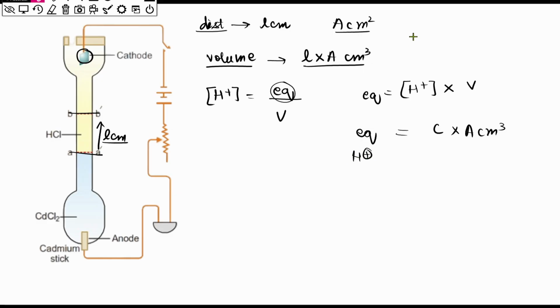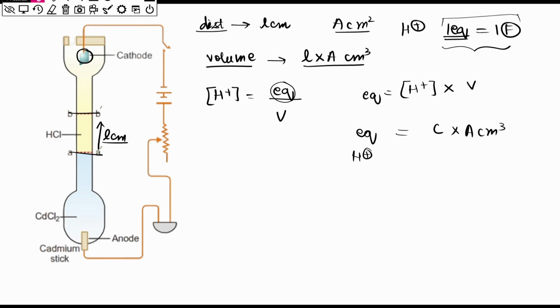Now always remember that for the protons, one equivalent will carry 1 Faraday of charge. So this equivalent is actually nothing but the Faradays, and this is very specific for the H plus ions, as proposed by Faraday: one equivalent of the H plus ions will carry 1 Faraday of charge.